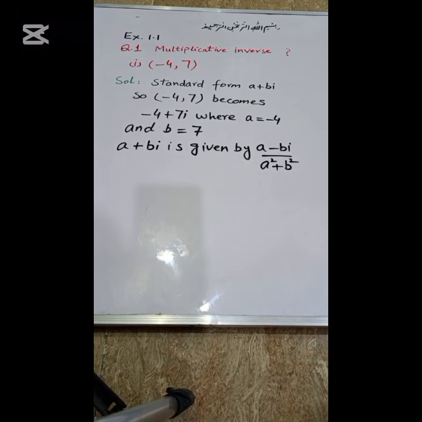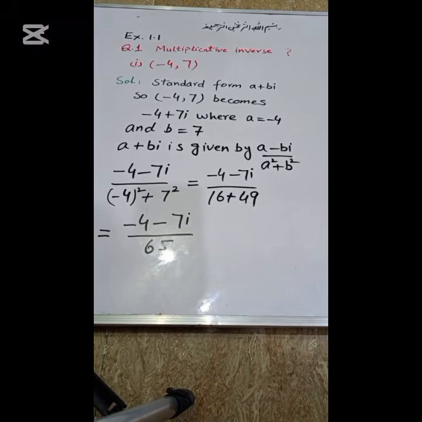We have the multiplicative inverse of a plus b iota given by a minus b iota over a square plus b square. So now we put the values: -4 minus 7i over (-4) square plus 7 square.